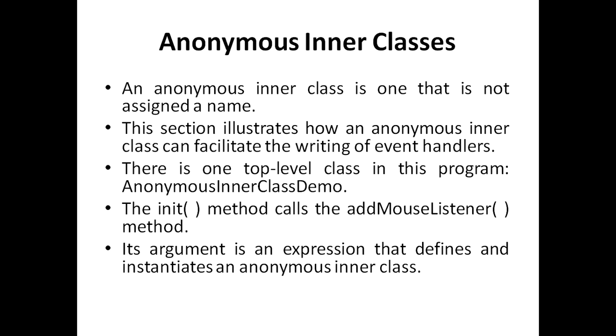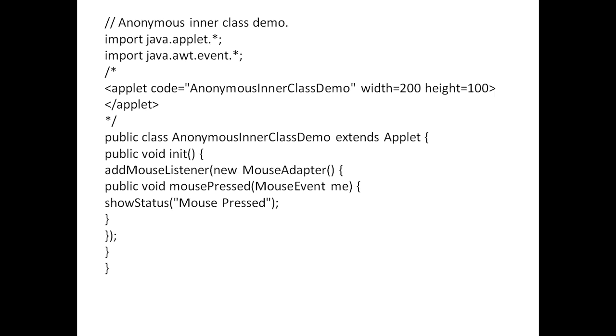The top level class name is AnonymousInnerClassDemo. So we'll see an example, you will come to know. Now, public class AnonymousInnerClassDemo is the name of the top level class which extends the applet. In the init method, now if you see, we have added addMouseListener(new MouseAdapter()).